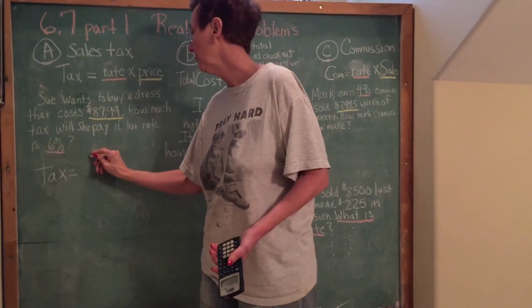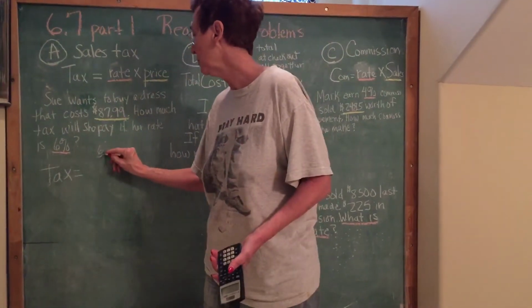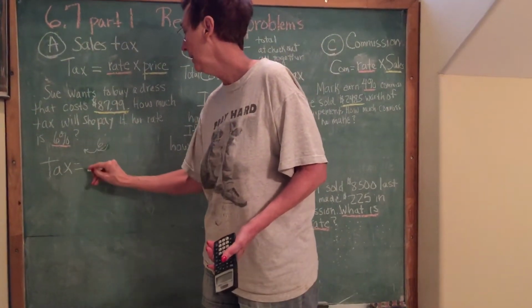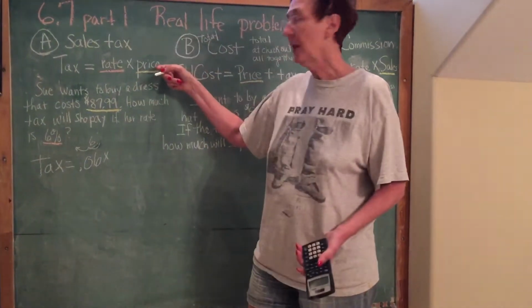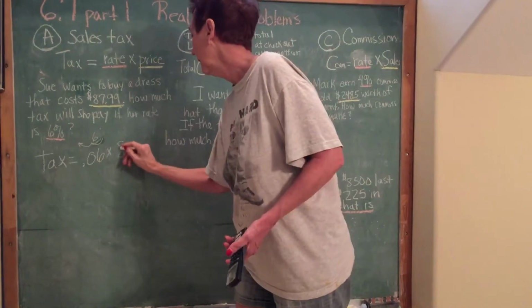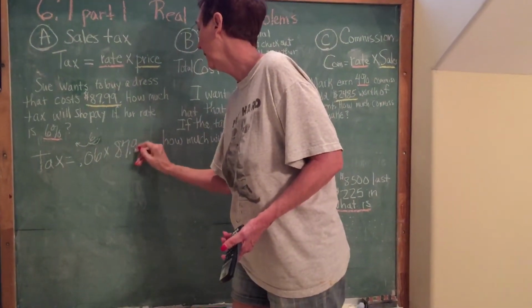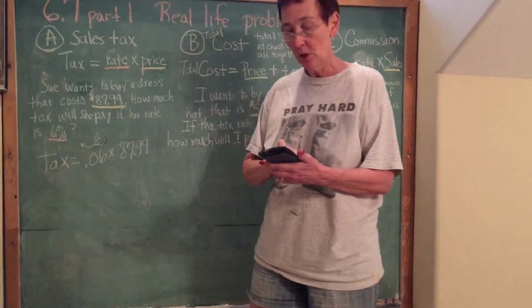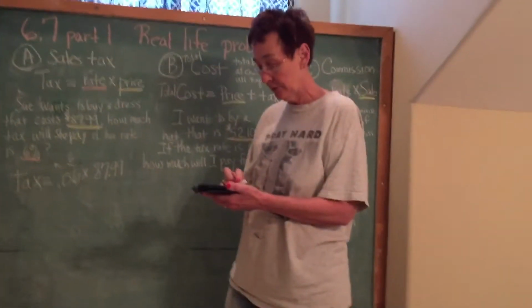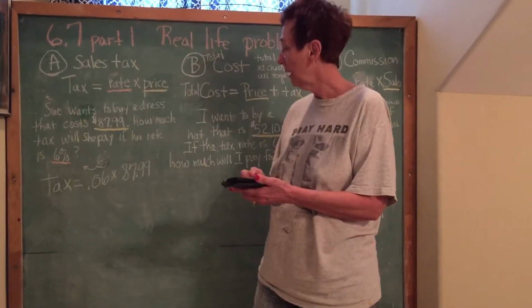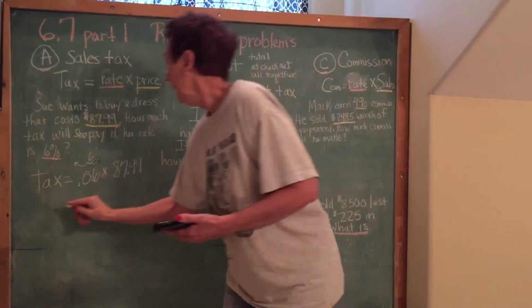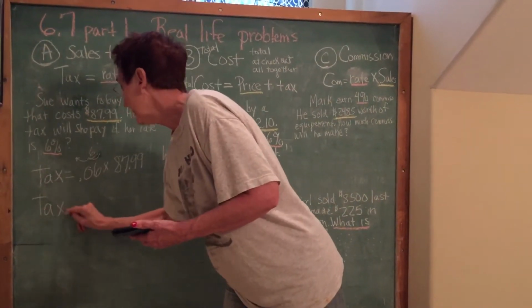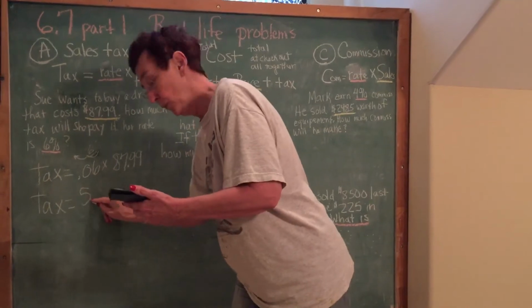I'm going from percent to decimal, so I'm going to move it backwards this way. So that would be 0.06, and I'm going to multiply it times your price, 87.99. So in my calculator, I would say 0.06 times 87.99.